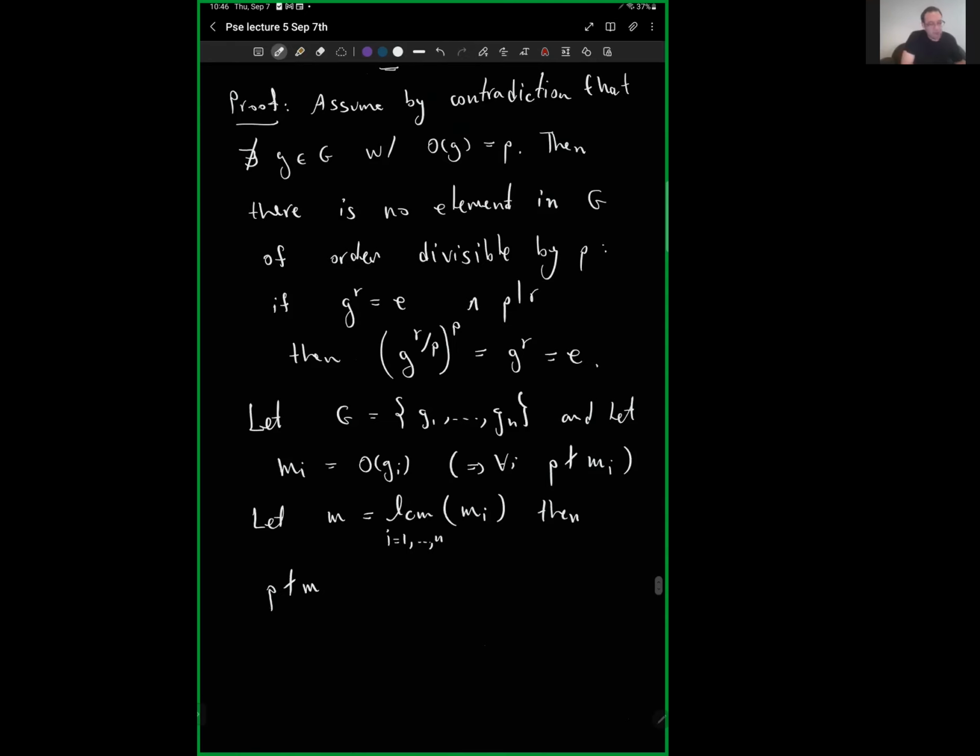So P cannot divide m. And furthermore, gi to the m must be equal to e, because mi divides m. So gi to the m has to be the unit element.